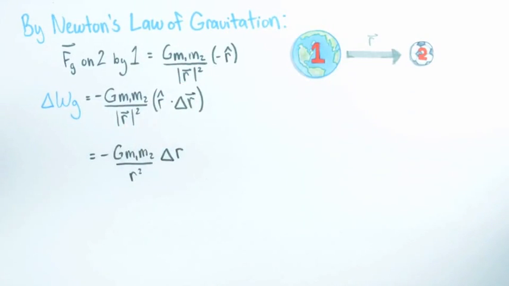We can write this as delta r with no arrow symbol, and we have in mind here that delta r positive means the distance between the masses is increasing, and delta r negative means the distance between the masses is decreasing. This all means that in finding delta UG, we only care about the changes along the directions radially toward or away from the relative origin, which here is the location of mass 1.